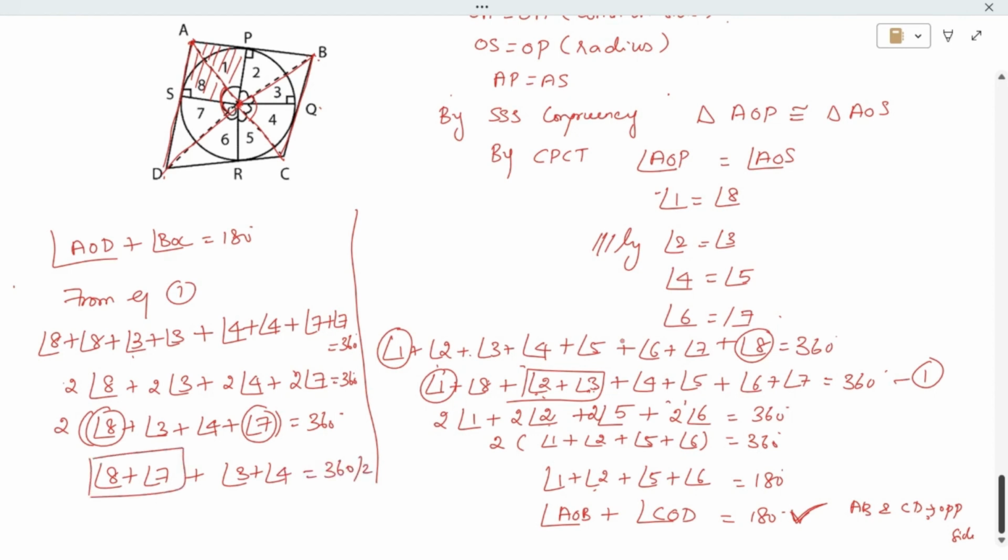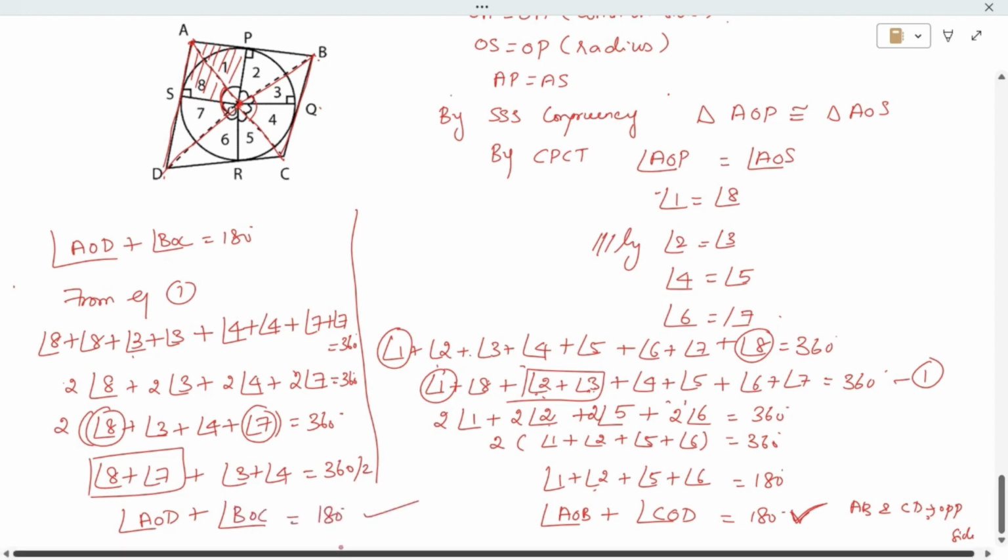Angle 8 plus angle 7 is angle AOD, and angle 3 plus angle 4 is angle BOC, so that is equal to 180 degrees. So here I have proved AD and BC are opposite sides that subtend supplementary angles at the center. So either you can go with this proof, or you can prove angle AOD plus COD is equal to 180, and similarly angle AOD plus BOC equal to 180 degrees. I have proved both in order to make you familiar with the concept.